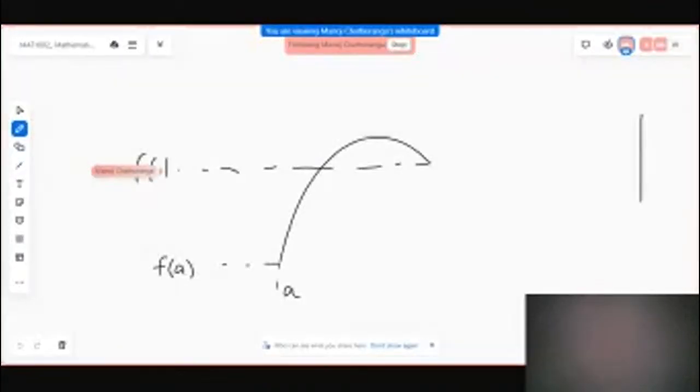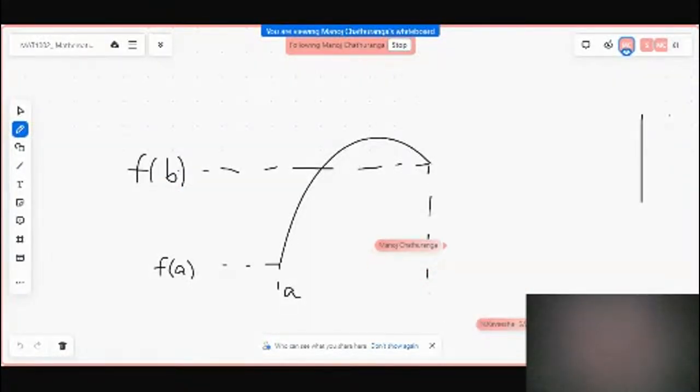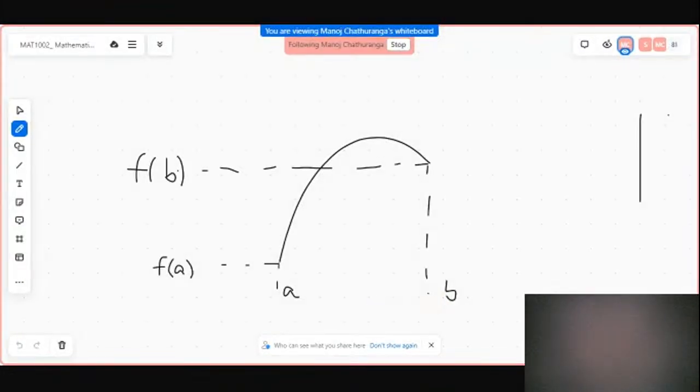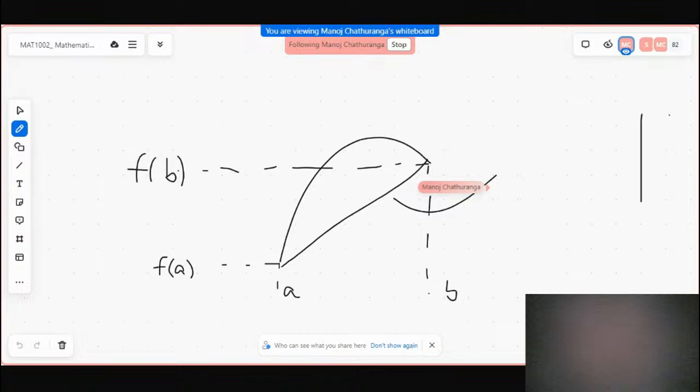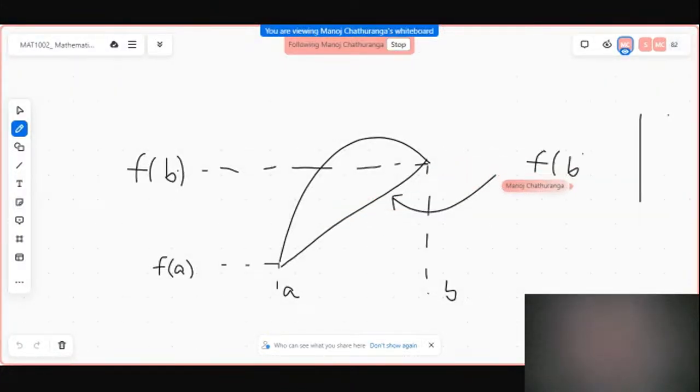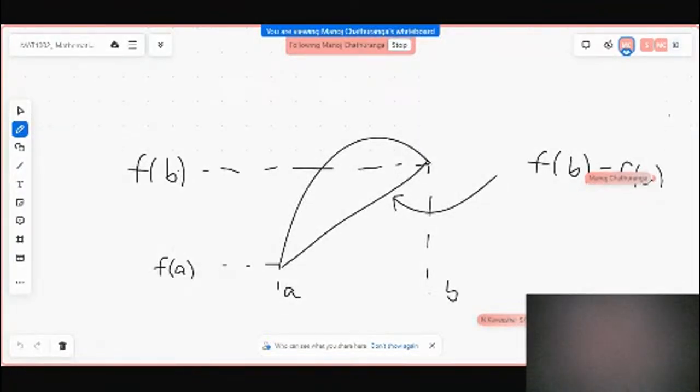This is the y coordinate at b, f of b. Then f of b minus f of a divided by b minus a is the slope of this line. The slope of this line is f of b minus f of a divided by b minus a.